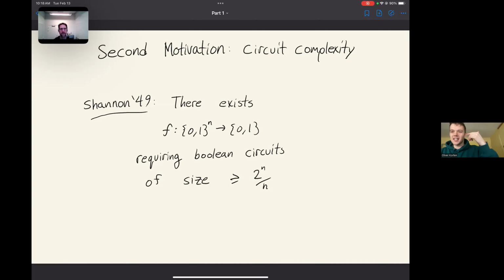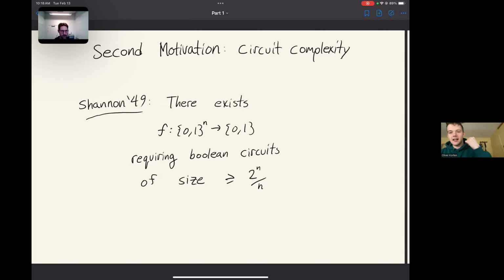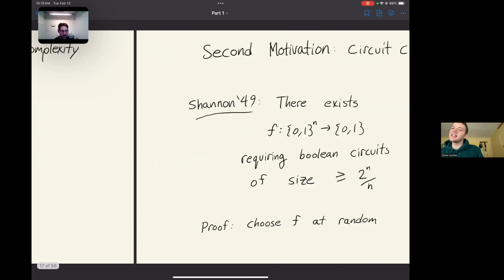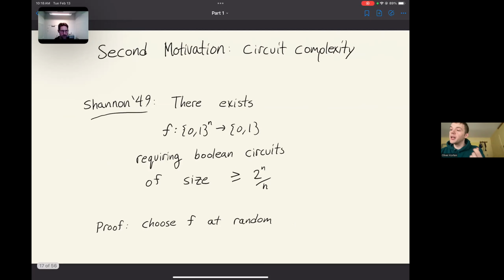This was a paper of Shannon, where he showed that there are Boolean functions which require Boolean circuits of size exponential in the number of input wires. And the proof, again, is of this style, where we choose a function uniformly and this happens with high probability.